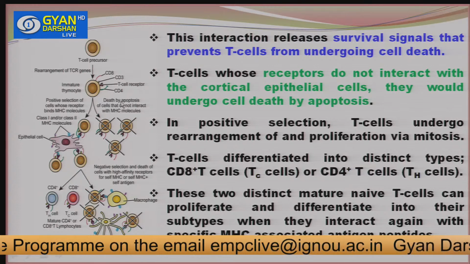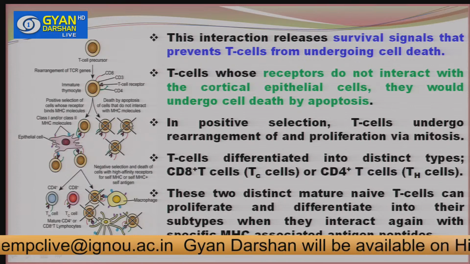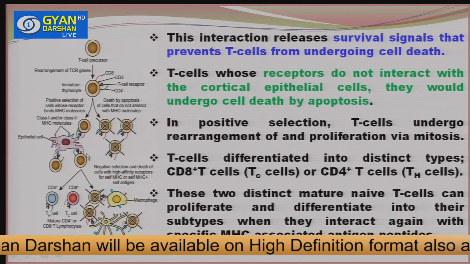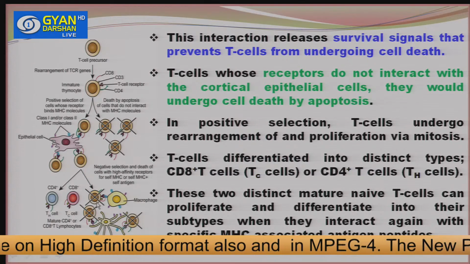Here death by apoptosis will take place for your T cells, which I have already discussed. Another is negative selection.